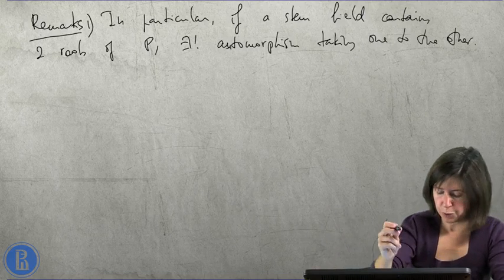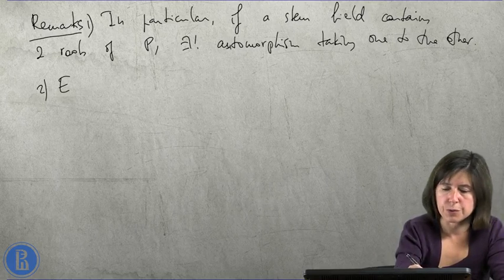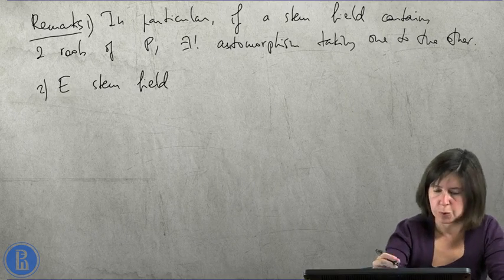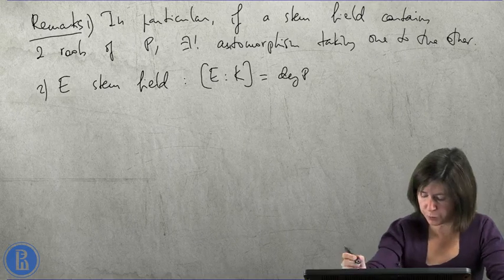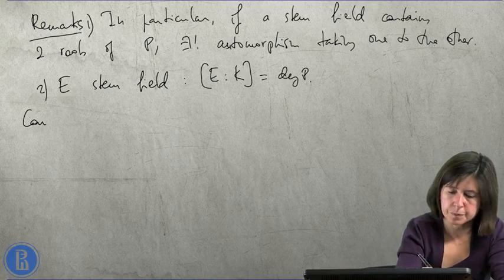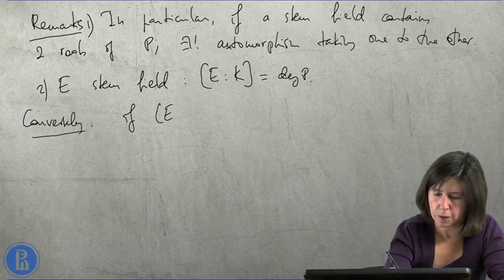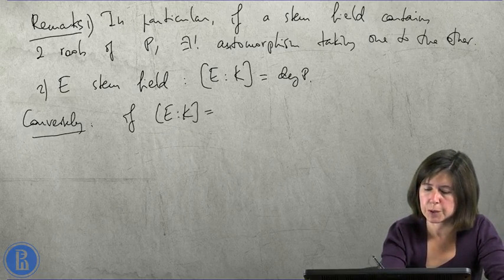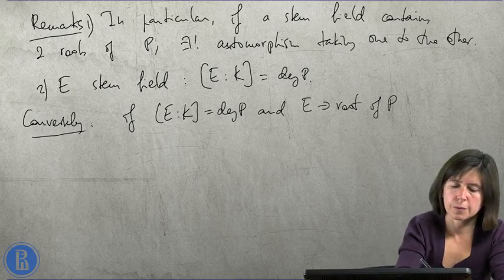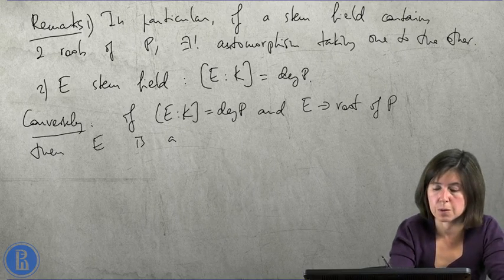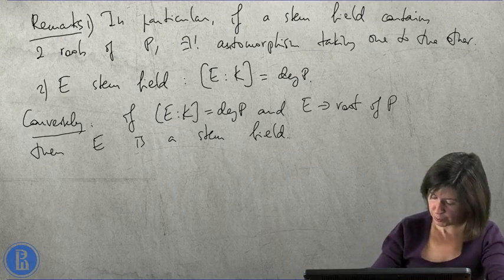Secondly, if E is a stem field of an irreducible polynomial, then of course the degree of E over K is the degree of P, and conversely, if the degree of E over K is the degree of P and E contains a root of P, then E is a stem field. Otherwise, its degree would be strictly greater than the degree of P.